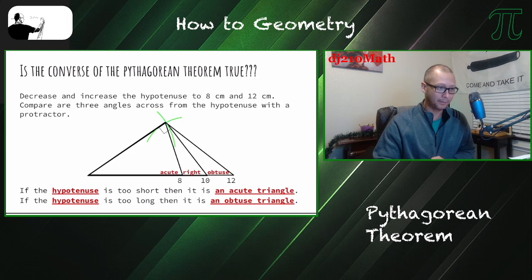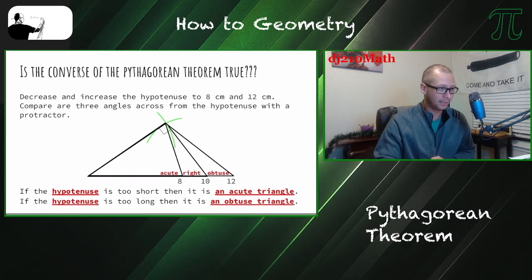Diving deeper into the converse, if we decrease and increase the hypotenuse to either 8 centimeters or 12 centimeters and compare all the angles with the protractor, we would see that if the hypotenuse is shorter, then it is an acute triangle. If the hypotenuse is longer, then it is an obtuse triangle, right? There's an angle in the triangle that is greater than 90.